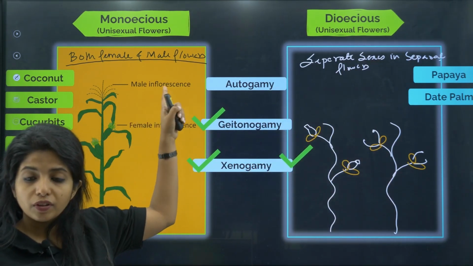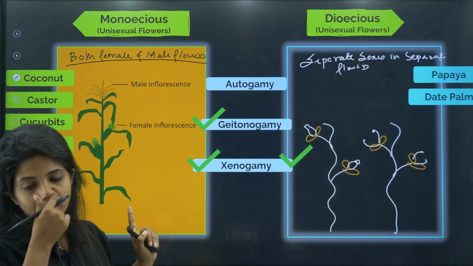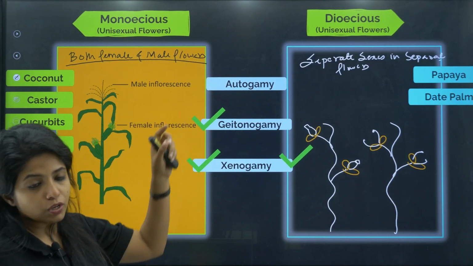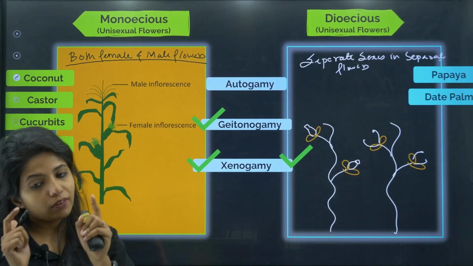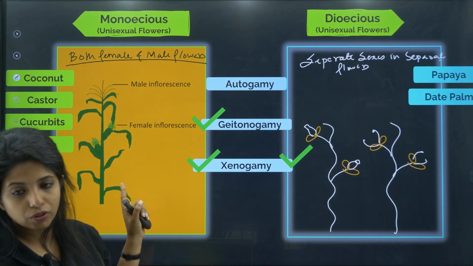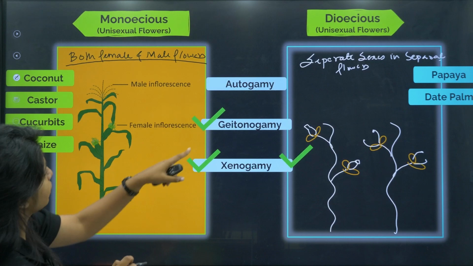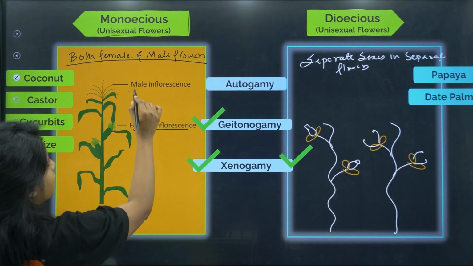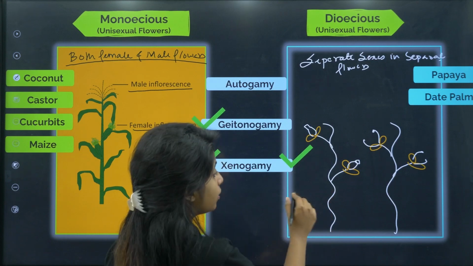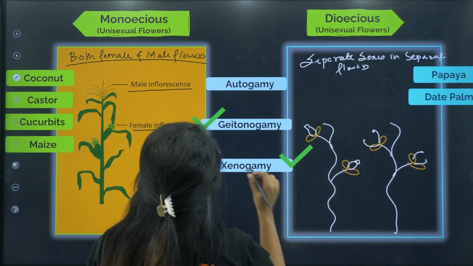Over here you have both the female and male flowers in the same plant. This is kind of different, this is also kind of different. Now we are talking about unisexual flowers. One flower will have only one sex, but as a whole, the plant will have two sexes. So basically this plant has female flowers, and the same plant has male flowers, whereas over here it is the female plant and the other one is the male plant.